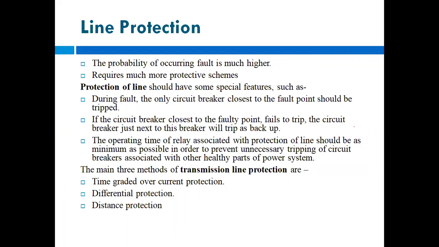In that zone, how should the line be protected? Some features are given. The first one is that during a fault, only the circuit breaker closest to the fault point should be tripped.